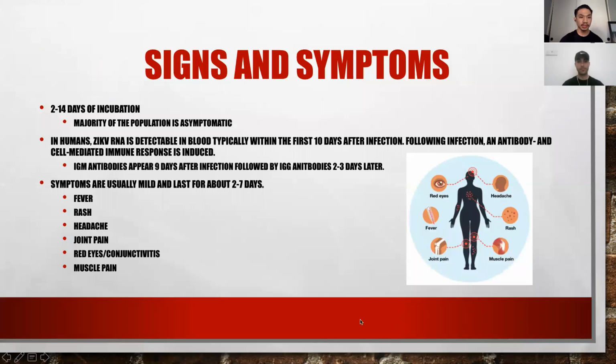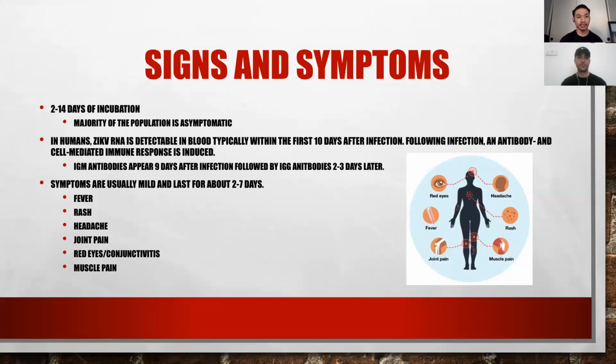Signs and symptoms. So Zika virus has 2 to 14 days of incubation. The majority of the human population are asymptomatic. In humans, Zika RNA is detectable in blood, typically within the first 10 days after infection. Following infection, an antibody and cell-mediated immune response is induced.